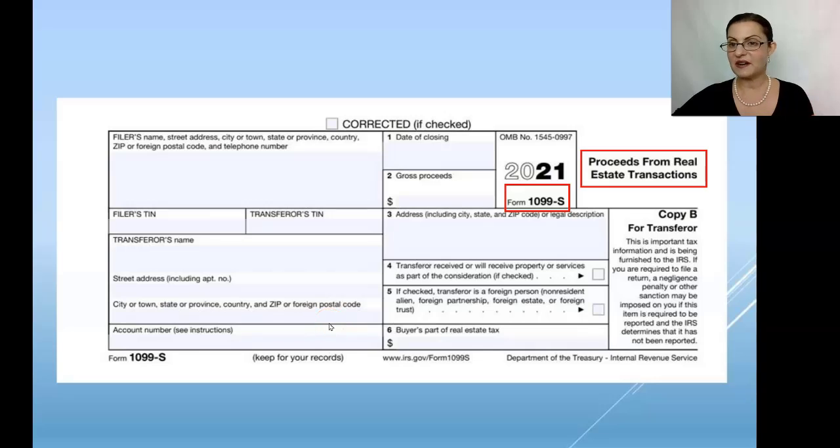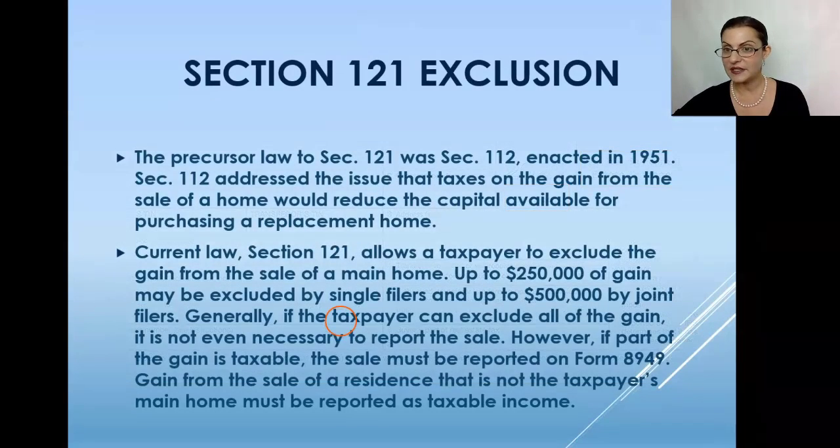And many times the IRS will send an underreporter notice anyway. So the IRS will think that it's a taxable sale. And even though all of the gain can be excluded and it didn't have to be reported, what will end up happening is the IRS will send a notice to the taxpayer and you'll have to respond anyway.